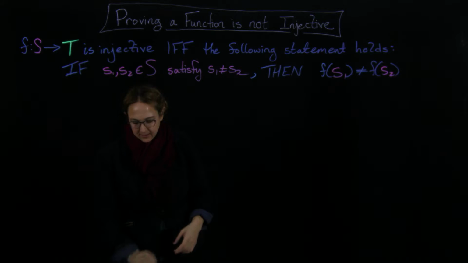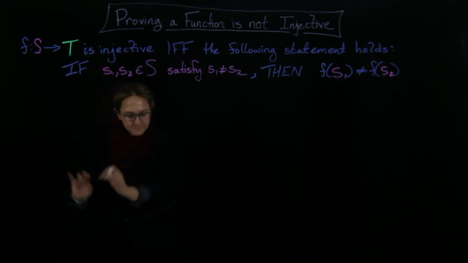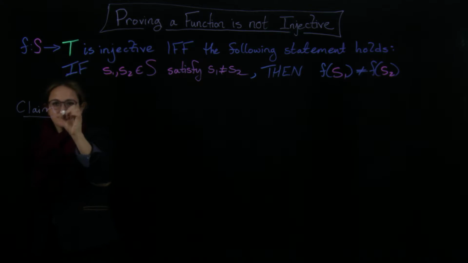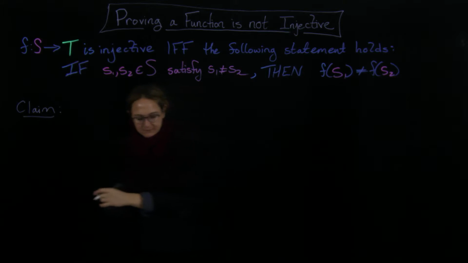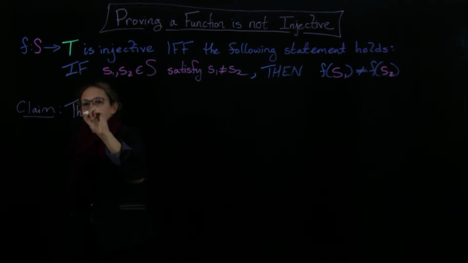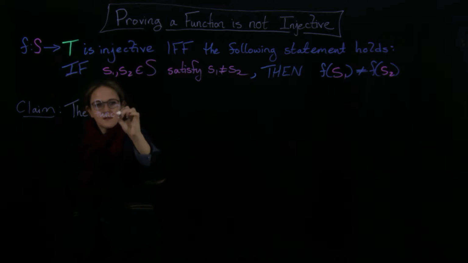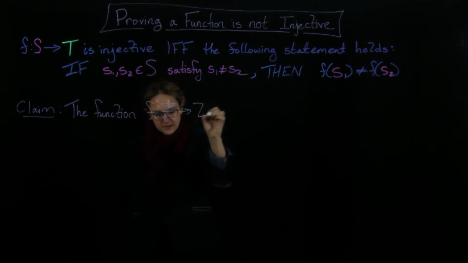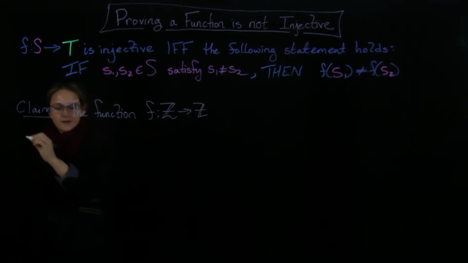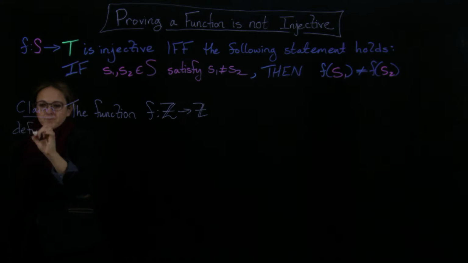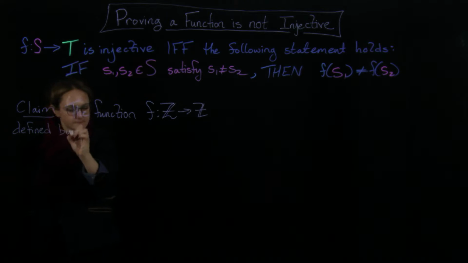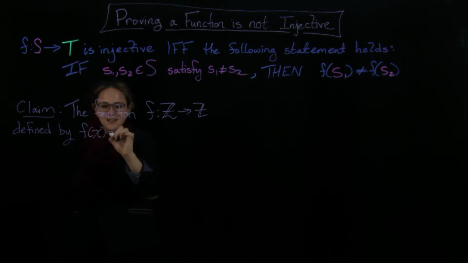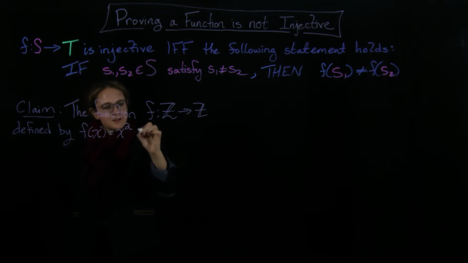So here we go. So claim: the function f from the integers to the integers defined by f of x equals x squared is not injective.